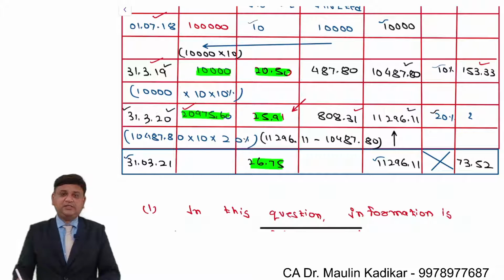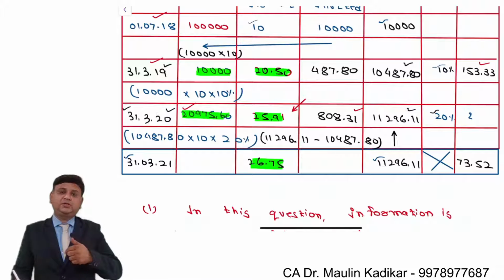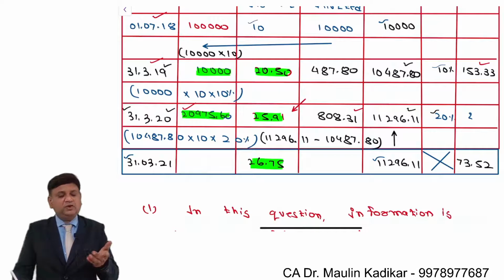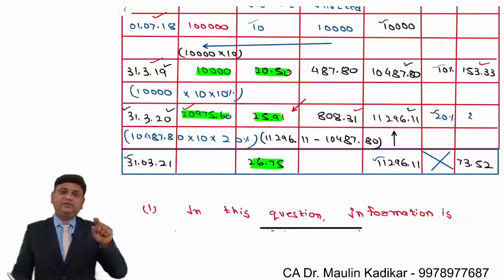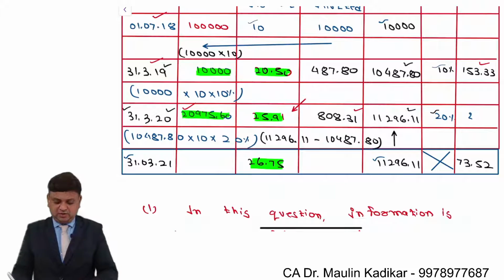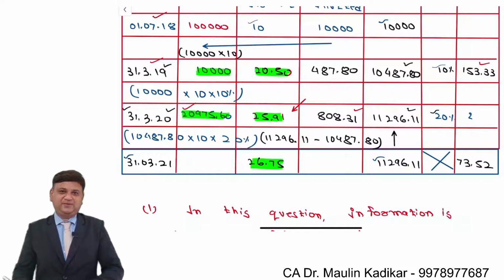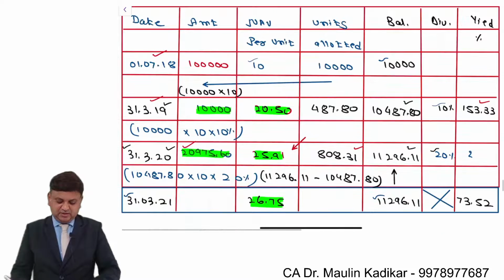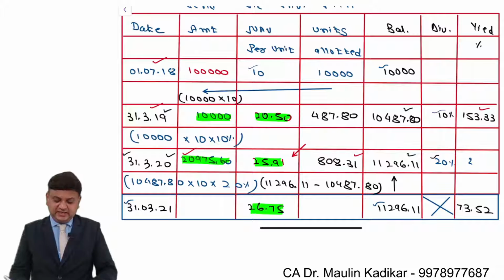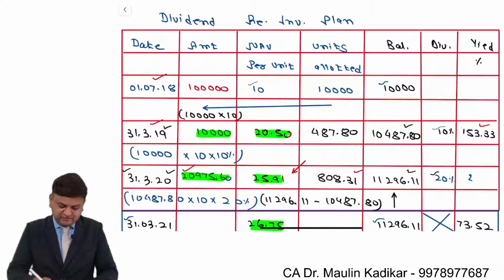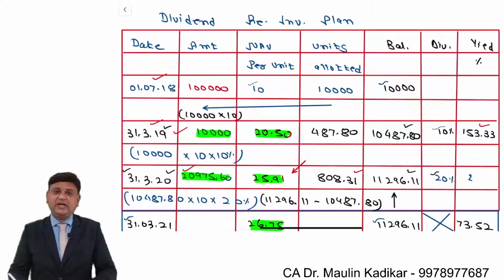That is the reason whenever you are computing the return or making some other calculation, after the first time the dividend has already been reinvested, you cannot go with the first method. As far as the 31st of March 2019 is concerned, that was the very first time the dividend was declared. That is the reason we can apply either of the methods.